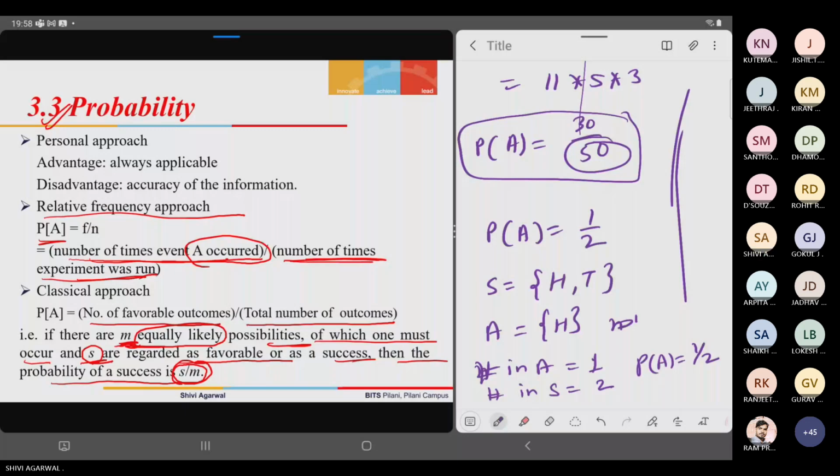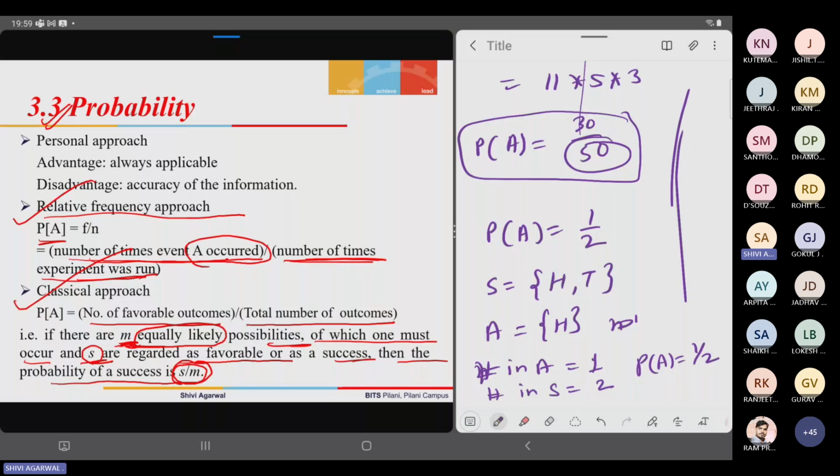We are trying to find the probability, depending on how reliable it is. So these are the three ways to calculate the probability. Whatever information is provided to us, accordingly we can use either the relative frequency or the classical approach to find the probability.